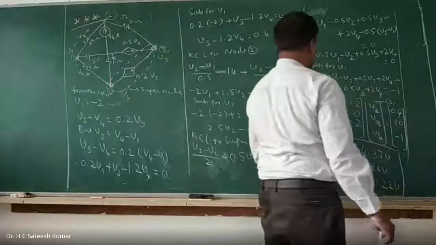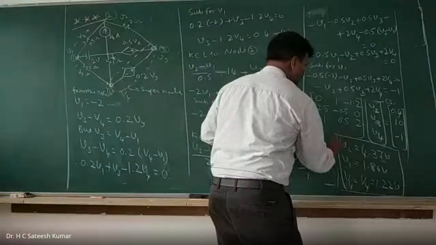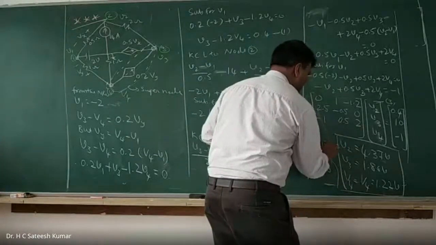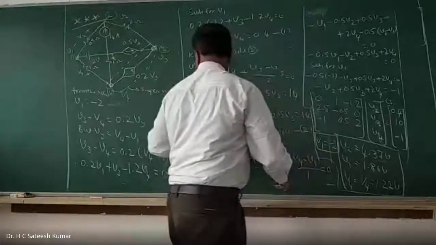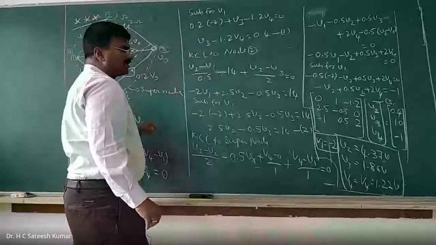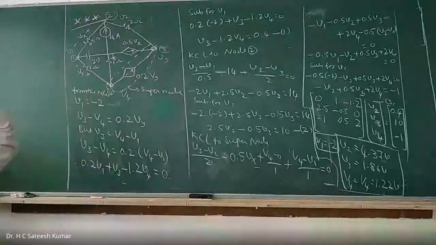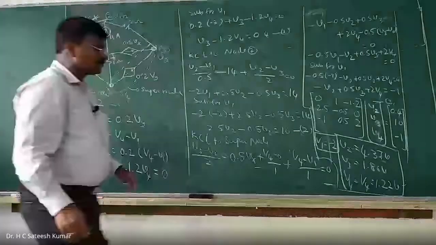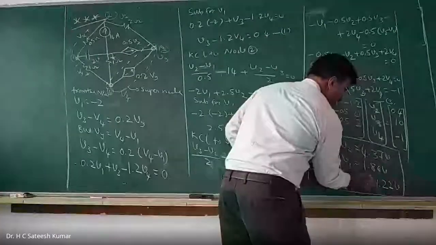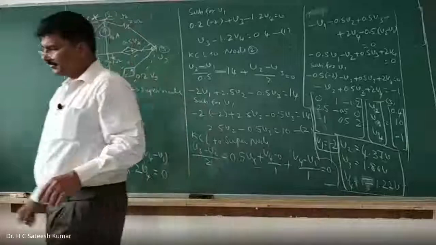At the same time, V1 we have as minus 2, so directly we can write V1 is equal to minus 2. V2 is equal to 4.37, V3 is equal to 1.86, and V4 is equal to 1.22 volts, right?